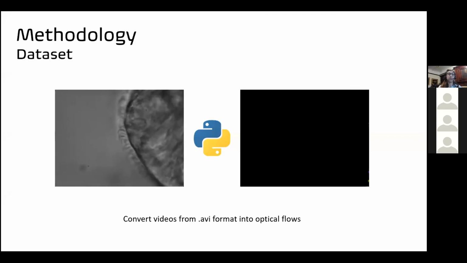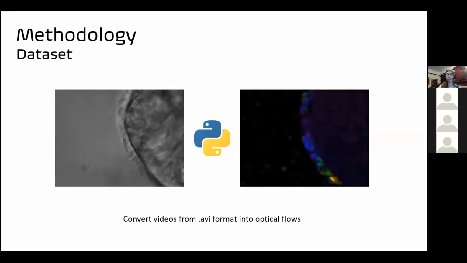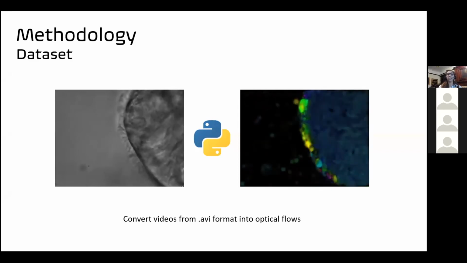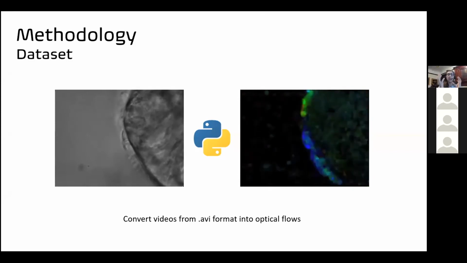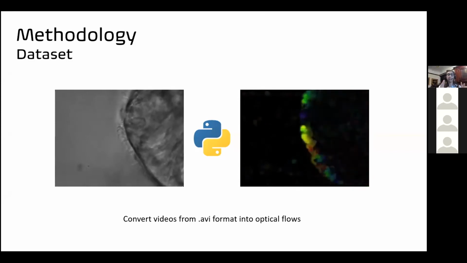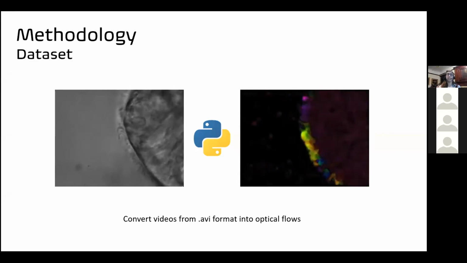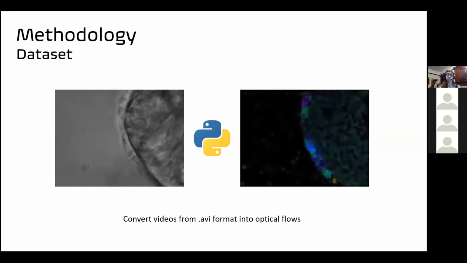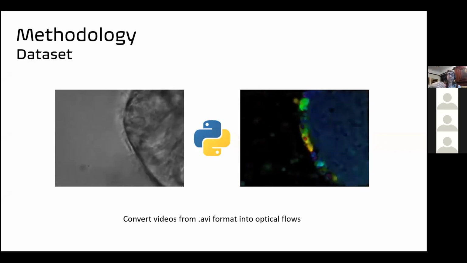This is how our data set will look. We have a beautiful video of apparently normal ciliary beating. What we need to do is transform this video, which has a gray, black and white color palette, into a more colorful palette. We need colors to translate the movement of the cilia, the beating pattern and the speed.